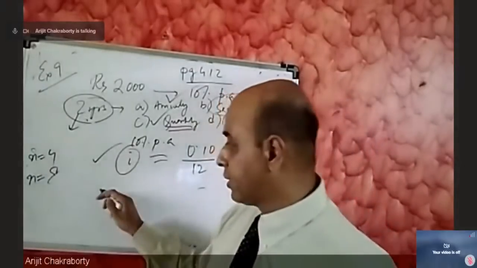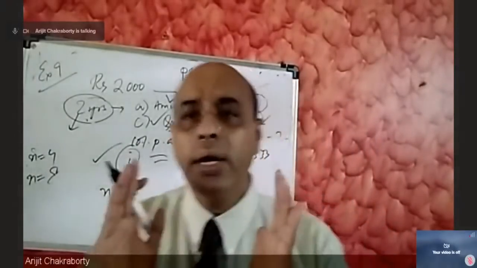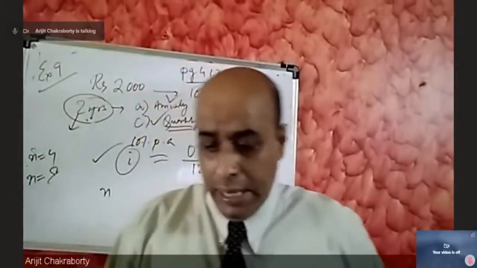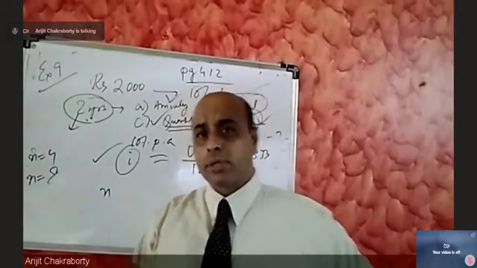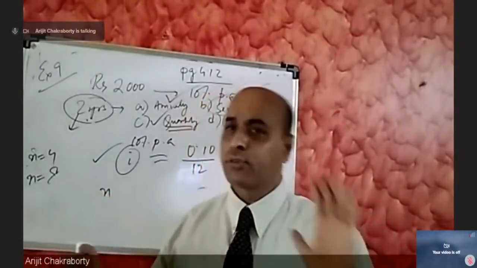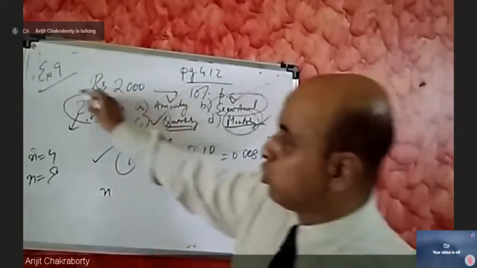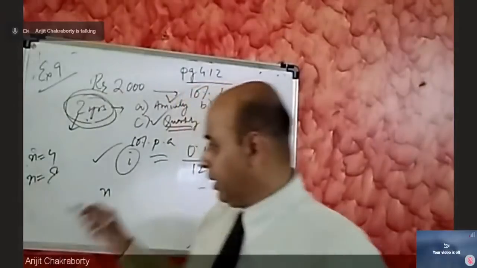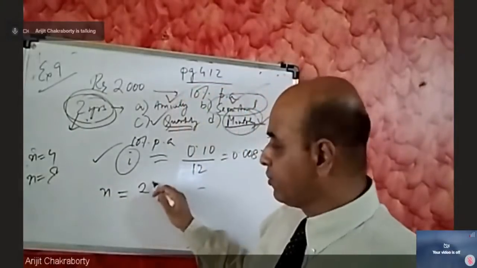Now we come to N. That is, N means the conversion periods, the number of conversion periods. Now, please note, this is monthly compounding. In 1 year, you have 12 months. But here we have 2 years. 2 years. So, N is equal to 24.